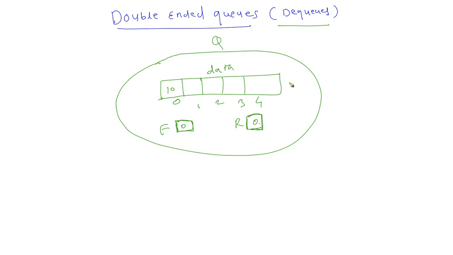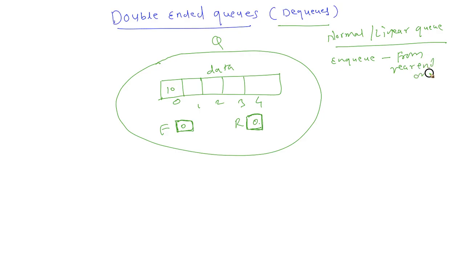Now in a DQ we can perform these operations from any end. I'll write here: in a normal, linear or circular queue, NQ is from the rear end only, and DQ means deletion.